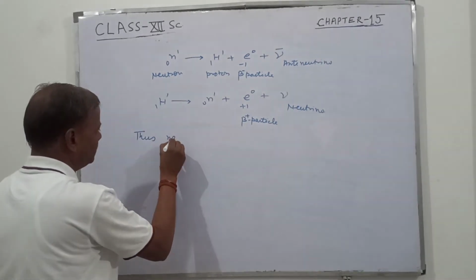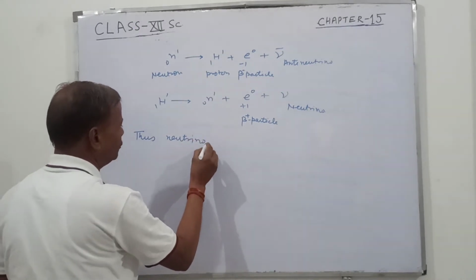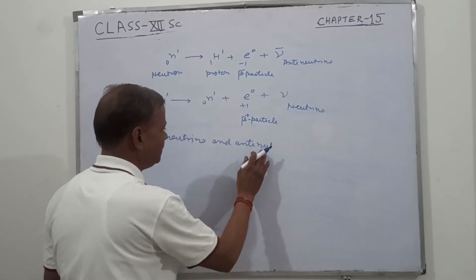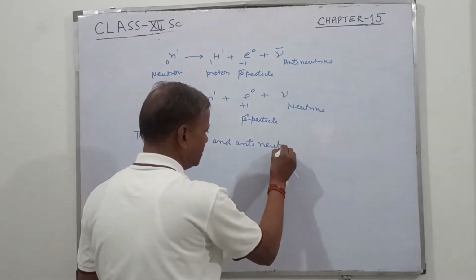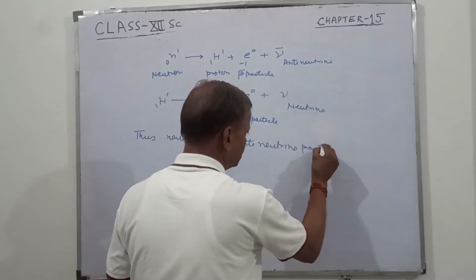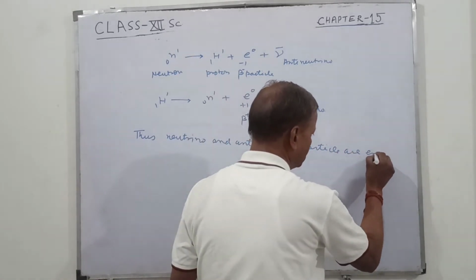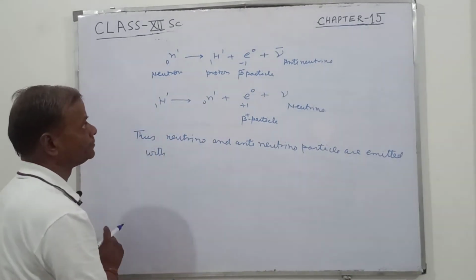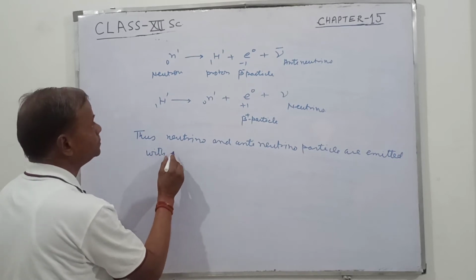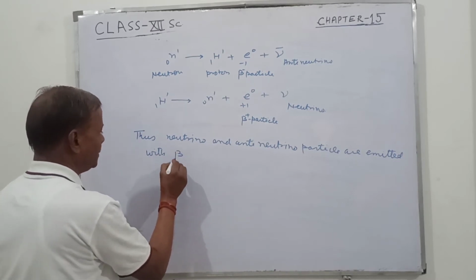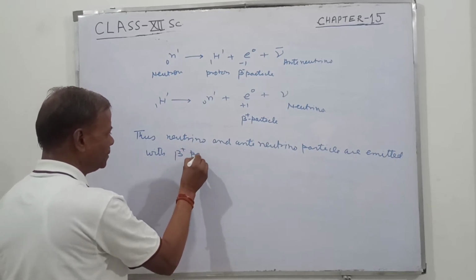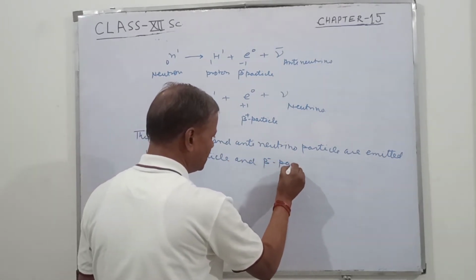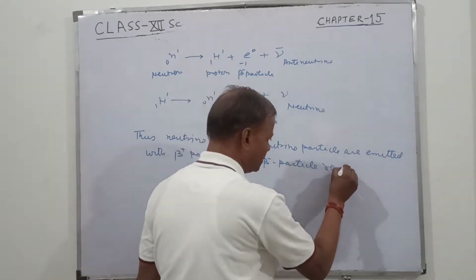Thus, neutrino and antineutrino particles are emitted with beta plus particle and beta minus particle respectively.